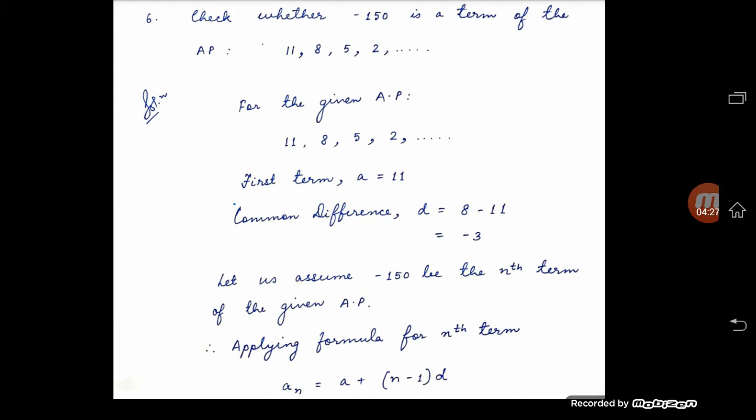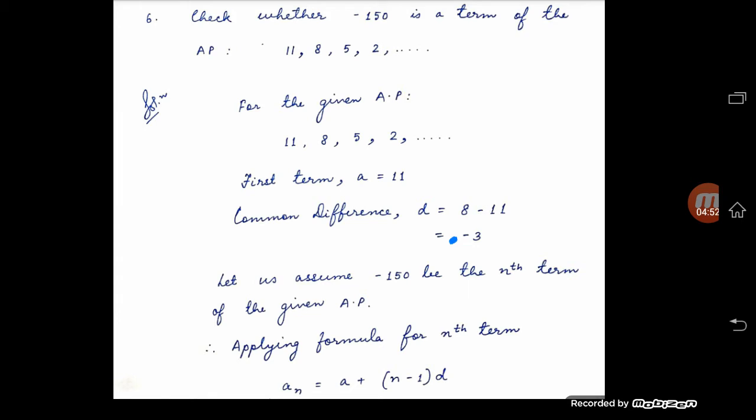We directly write the first term a is 11. Common difference small d is 8 minus 11, that means second term minus the first term. You can also take third term minus second term, the fourth term minus the third term. Any two terms you take, the difference will be the same. Small d will be equal to minus 3.